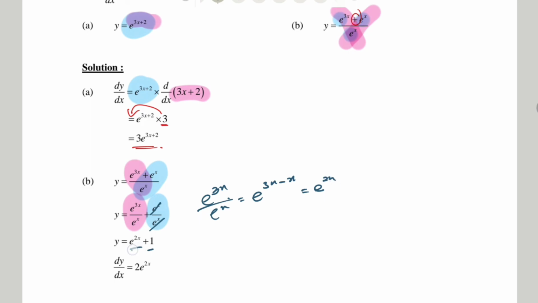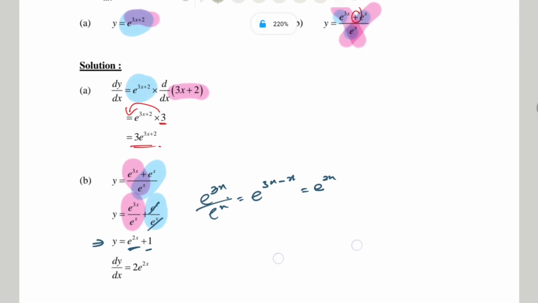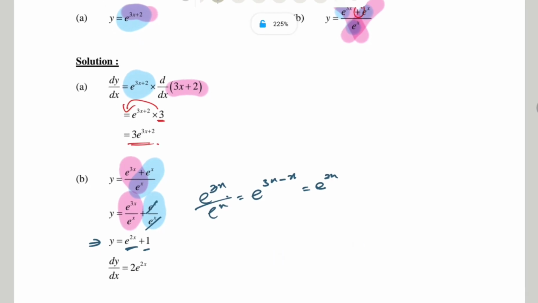So it's just e to the power of 2x. But remember that by now we have not yet differentiated, we have just simplified the function. So how do we differentiate it? Just differentiate it term by term. How do you differentiate e to the power of 2x? Just differentiate the power. You get 2, and then copy the exponential exactly as it is. Differentiate 1, you get 0. And that's your final answer.